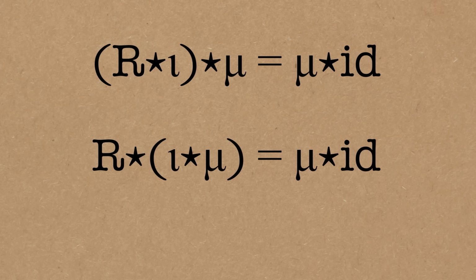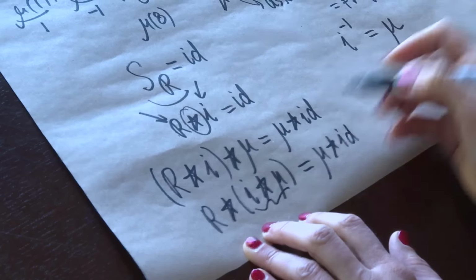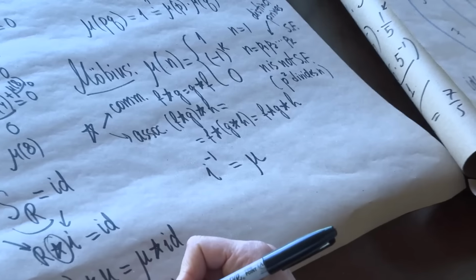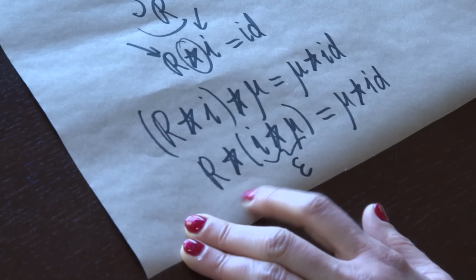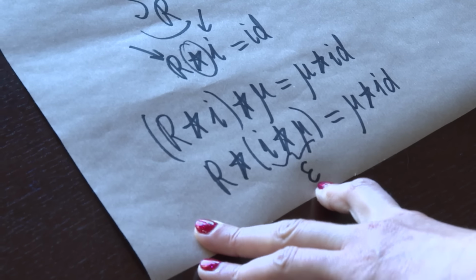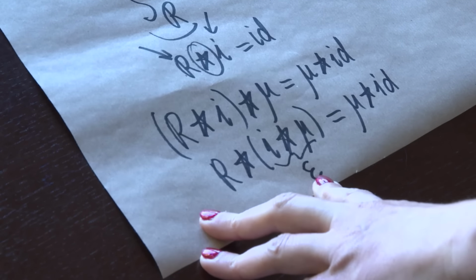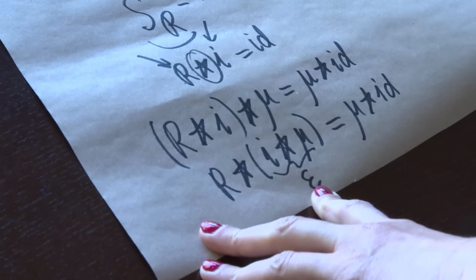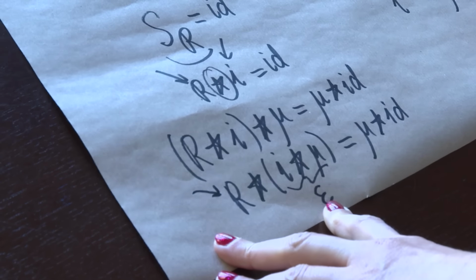Okay. So that's still this. Then this guy, because they are inverses of each other, will be the blip function epsilon, which plays the role of 1. But what happens when I Dirichlet with the epsilon function? It plays the role of 1. I'm going to get my original function.